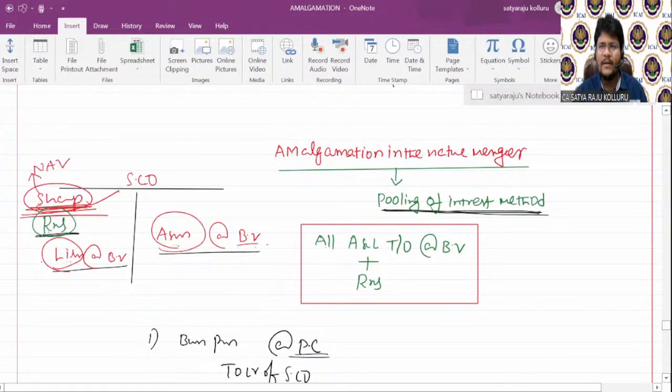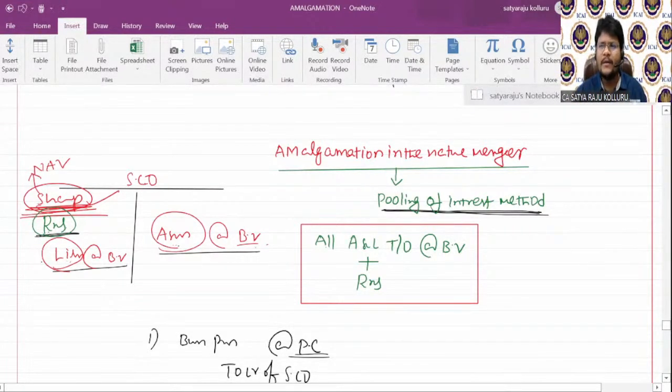Along with assets and liabilities, the purchasing company will also take over reserves and surplus of the selling company. But in case of the purchase method, the purchasing company will not take over reserves and surplus of the selling company. That is the primary difference you have to remember in your mind.